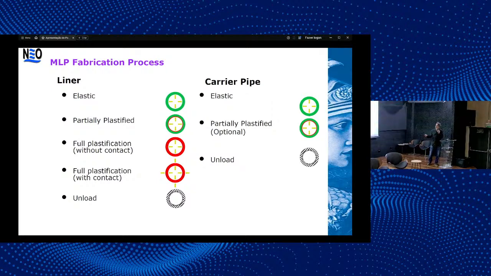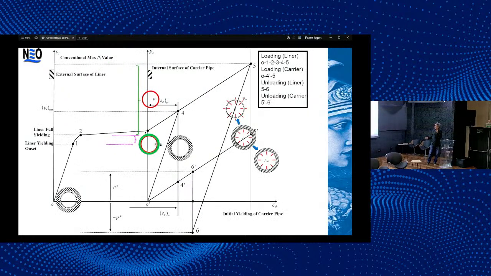We are studying as well the fabrication process, because the way you fabricate may eventually impact on the subsequent process, the formation of the wrinkle. So we have a number of models under development. I'm not going to go through the detail here, sorry about that.